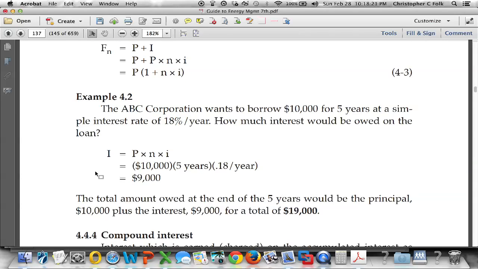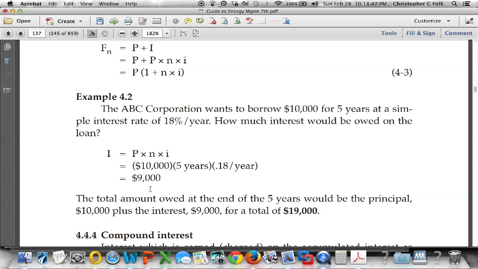This particular problem was written many years ago when 18% was common. In the late 70s and early 80s, interest was incredibly high, and luckily it's not that high anymore unless you're talking about a credit card rating. So here's the example. They take $10,000 and multiply that times 5 years times 18% a year, and it comes to $9,000.